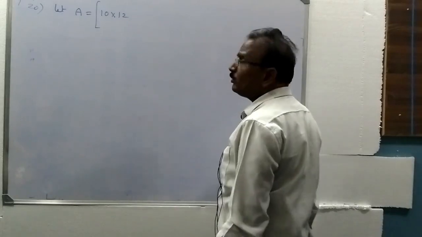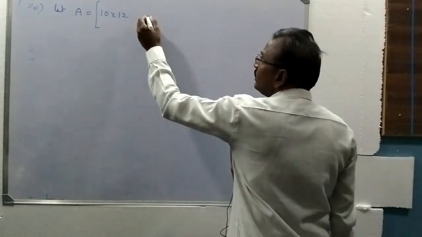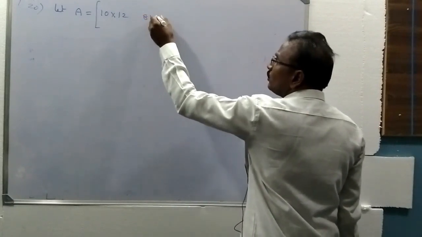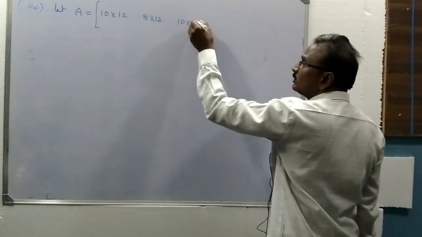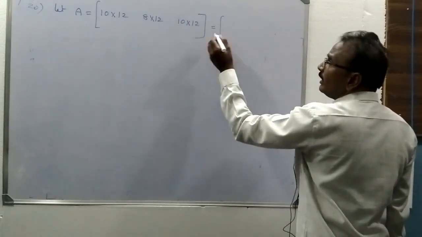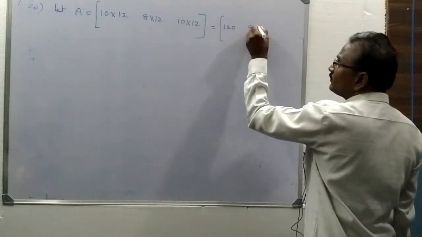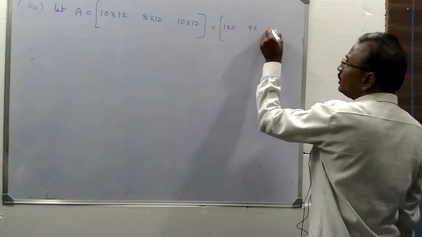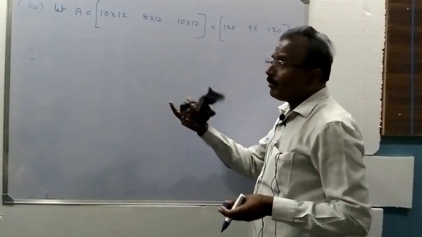Next, 8 dozen physics books, 8 into 12. Next, 10 dozen economics books. So these are the books: 10 into 12 is 120 chemistry books, 96 physics books and 120 economics books. So this is one matrix, the number of books.